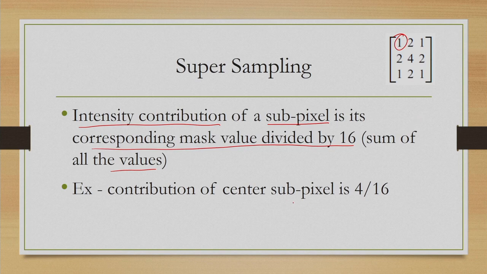For subpixel 1 1, the contribution will be 4 by 16 because the corresponding value is 4, and so on. So, whatever the subpixel intensity value is, we will multiply it with these fractions to get the fractional contribution and then we will add those up to get the overall pixel intensity.